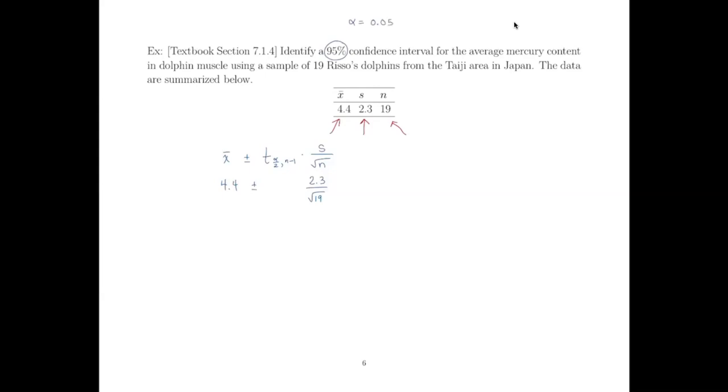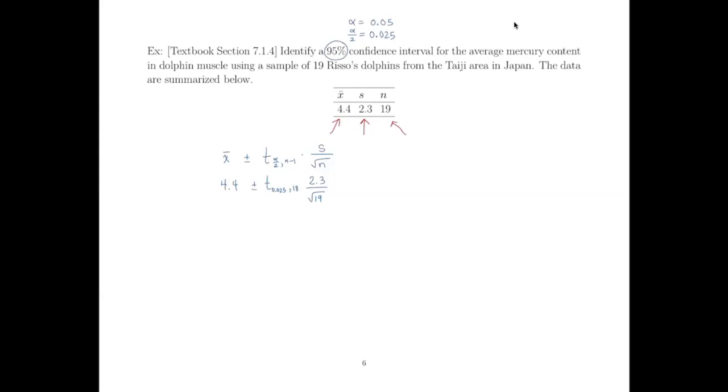That's always 1 minus the confidence level. So if alpha is 5%, then alpha over 2, if I have to divide that probability into 2 tails, is going to be 0.025. I'm looking for the t distribution with 0.025 in the right-hand tail, and my degrees of freedom is going to be n minus 1, which is 19 minus 1, which is 18.